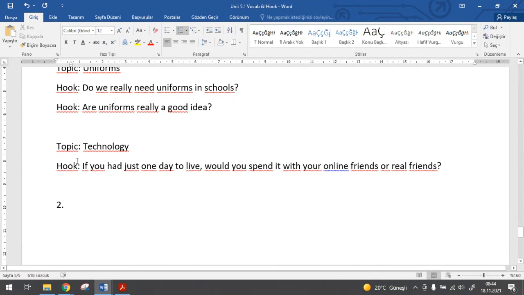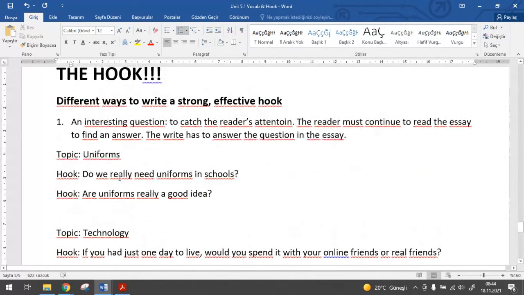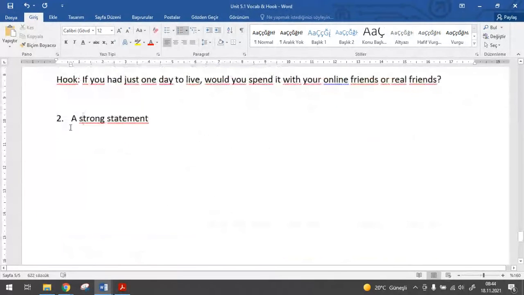Now, let's look at another way of writing a hook. A strong statement. So number one was an interesting question. Number two is a strong statement.